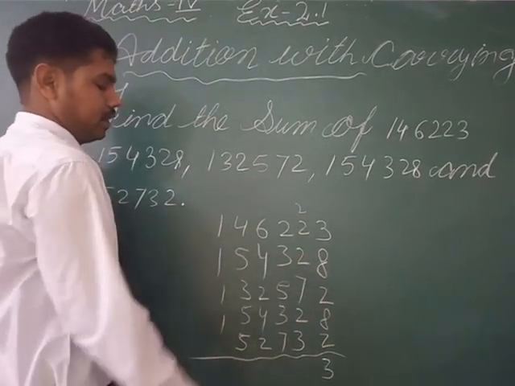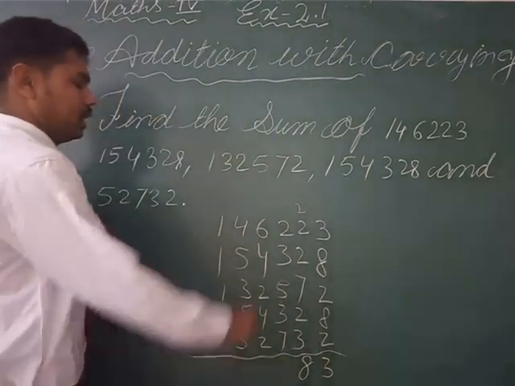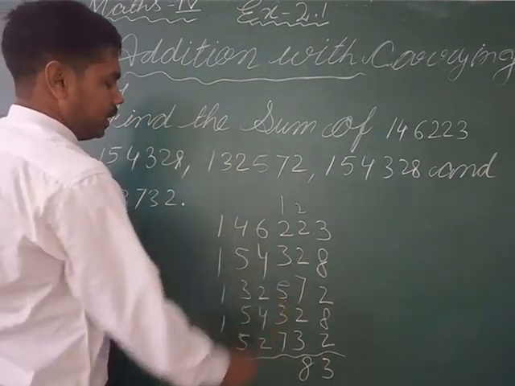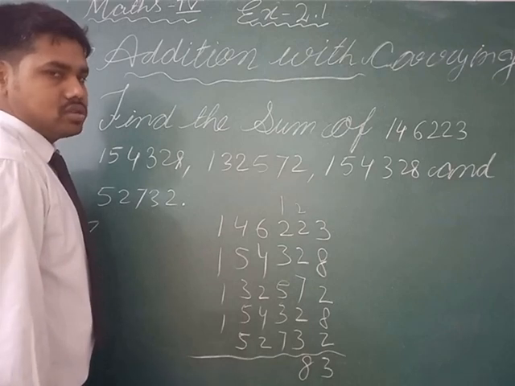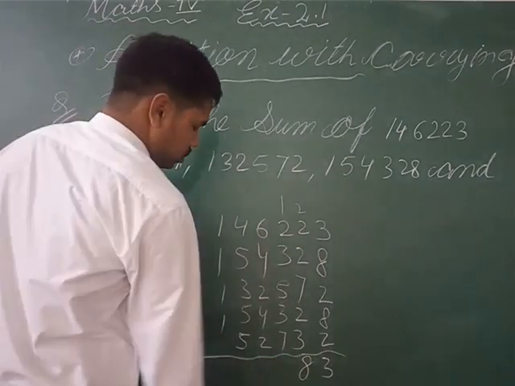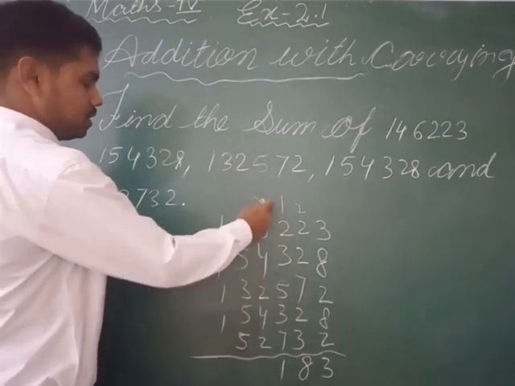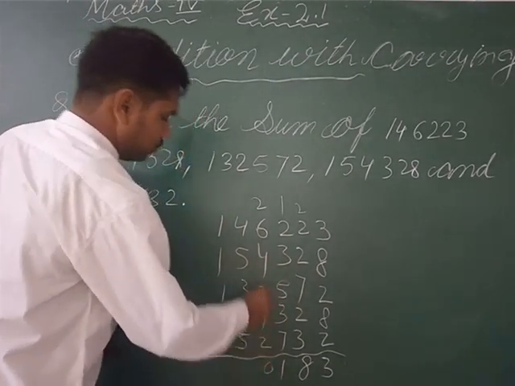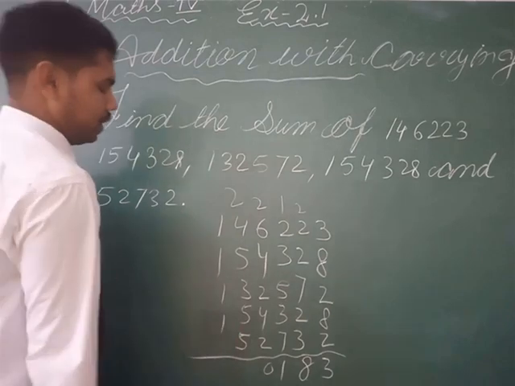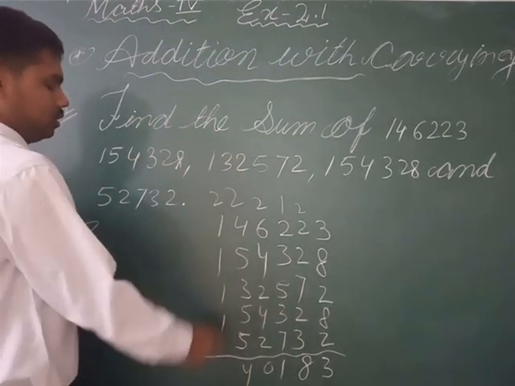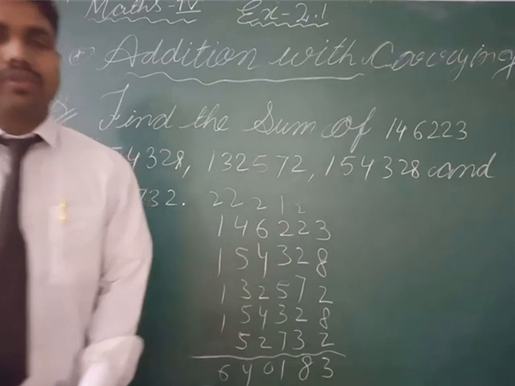Next column gives 18, so write 8 and 1 is carry. Then 9 plus 5 is 14, 14 plus 7 is 21, so write 1 and 2 is carry. Then 20, so write 0 and 2 is carry. Then 24, so write 4 and 2 is carry. Then 2 and 4 is 6. So 640183 will be the required answer.